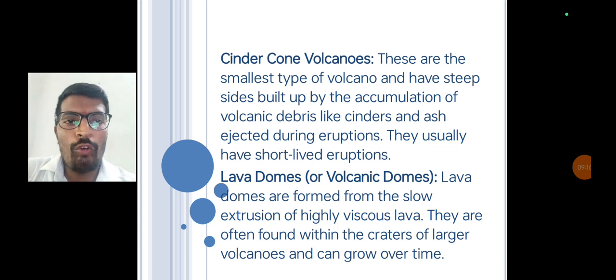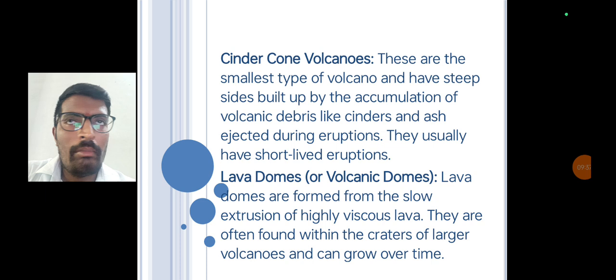Now coming to the fourth type, that is lava domes, also called volcanic domes. These lava domes are formed from the slow extrusion of highly viscous lava. They are often found within the crater of larger volcanoes and can grow over time.